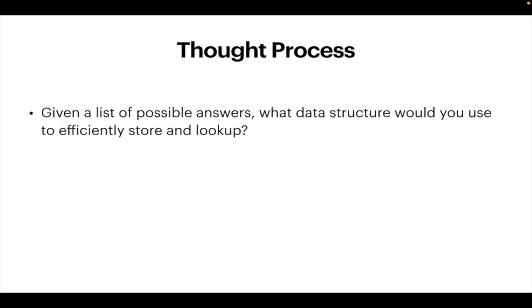Let us now try to think from an implementation perspective. Before we come up with an algorithm to solve Wordle, let us try answering a few questions first. Say we already have a list of possible answers.